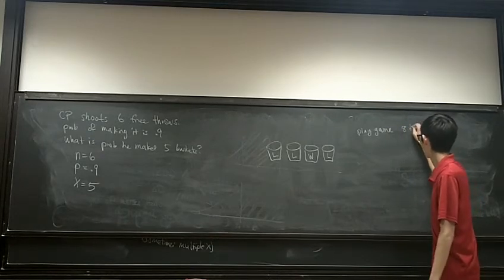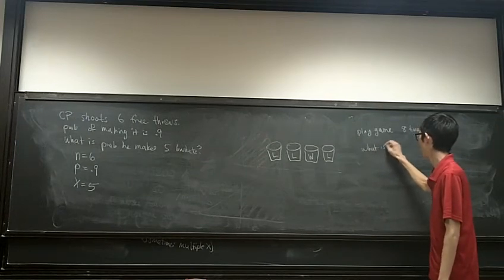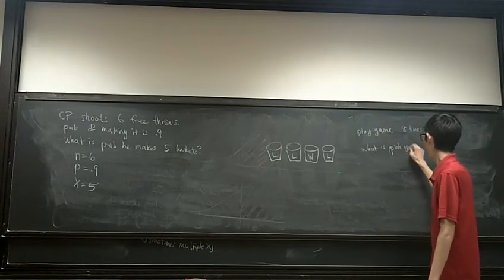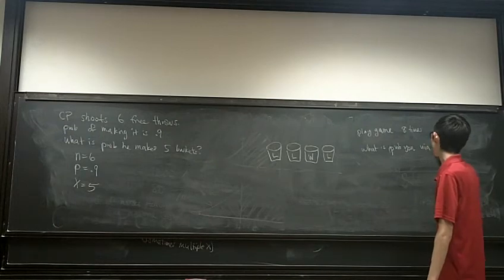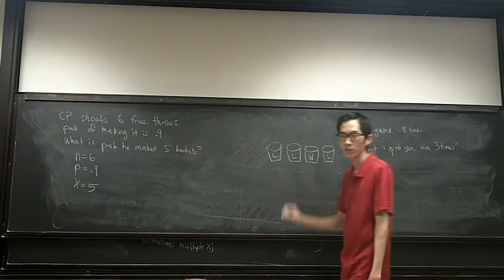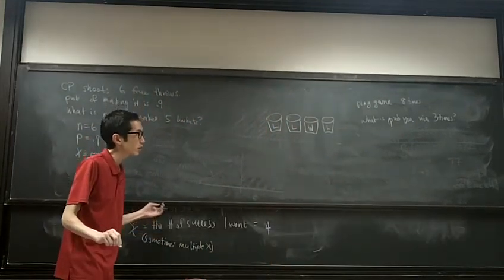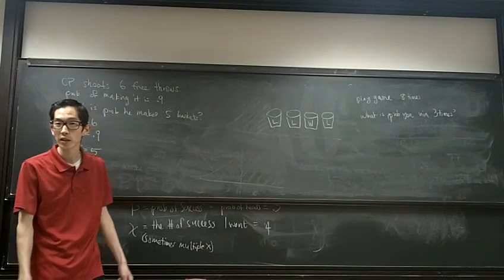8 times, and you want to know the probability you win 3 times. Let's say we have an equal chance of ending up in any of these baskets. What is my N, P, and X?